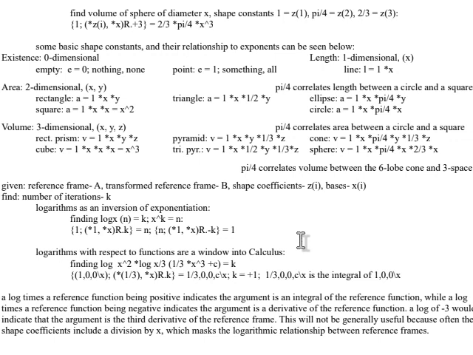So if your number of iterations is -1 and we're working over functions, then what you're doing is taking a derivative. If it's +1, you're taking an integral. If it's some larger number, positive or negative, then you're taking a second derivative or a third derivative or a double integral or something like that, whatever the number is. So the logarithms here with respect to functions basically just give us calculus.